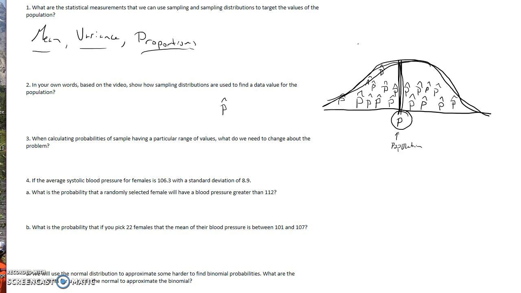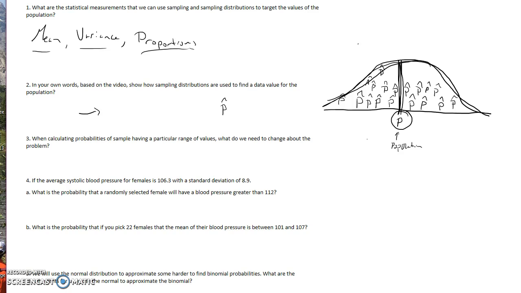So again, it's impossible to get a population number. So what we do is repeat the sample over and over again, build this distribution, and then find the average of that distribution, and that targets the population parameter. So this is for you to answer. Put in what you would like to put right here based off of what I said.